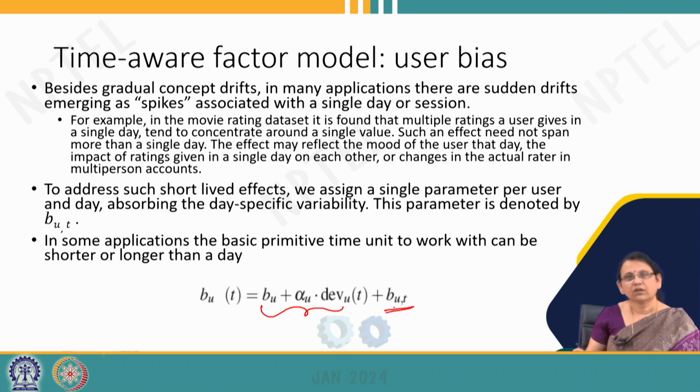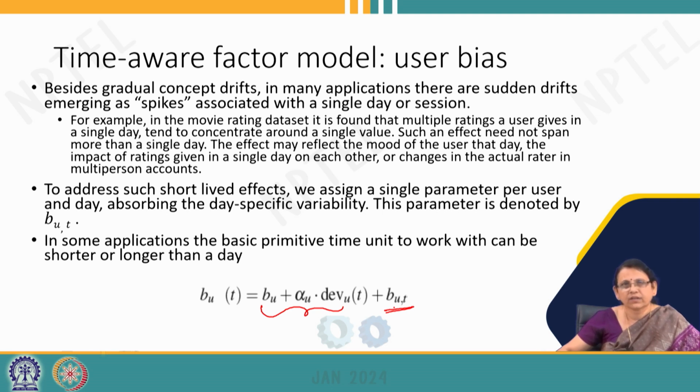Now, besides gradual concept drift, in many applications there are sudden drifts which can be called spikes on a single day, on a single session, and so on. This may so happen with respect to a single person as well, if his behavior is different on that particular day, or if there is a group effect, people somehow using one account, then they can also create some kind of sudden change.